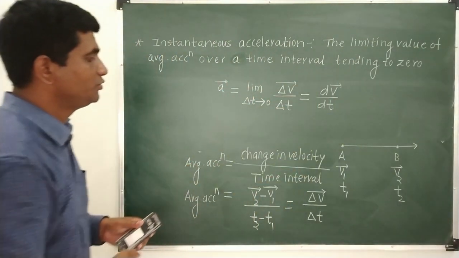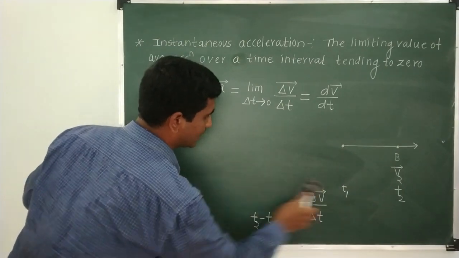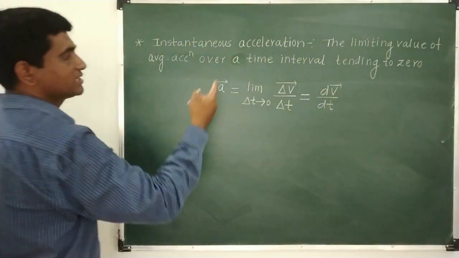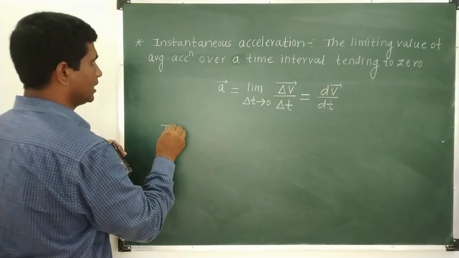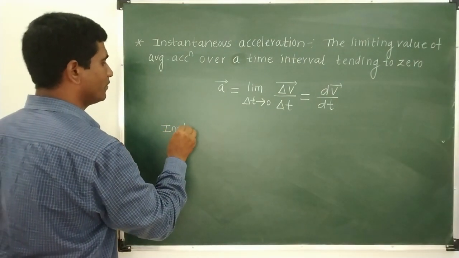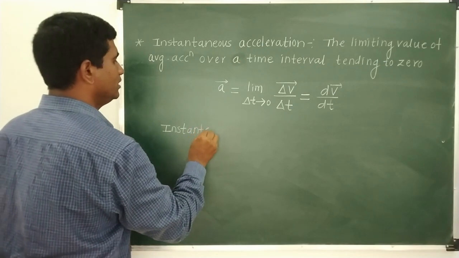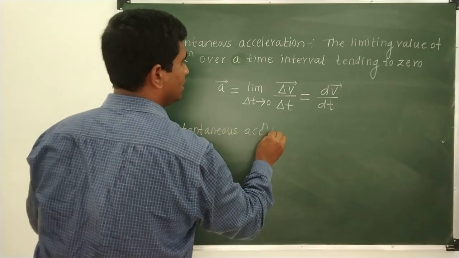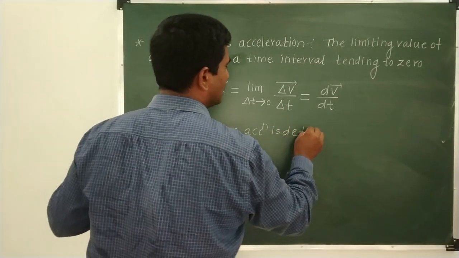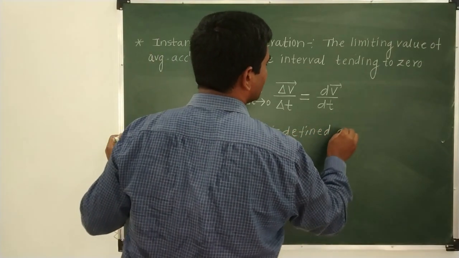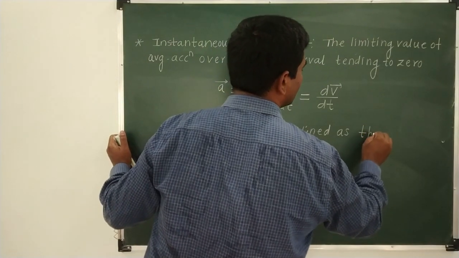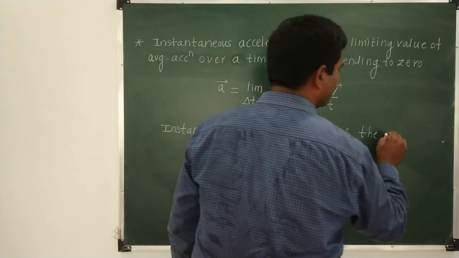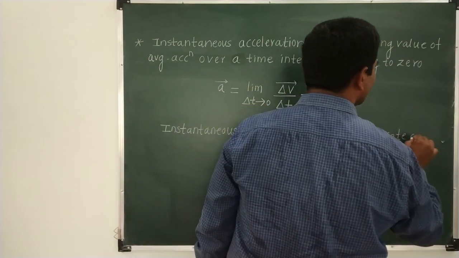So in other words, you can rewrite the instantaneous acceleration in another way: the instantaneous acceleration is defined as the rate of change of velocity with respect to time.